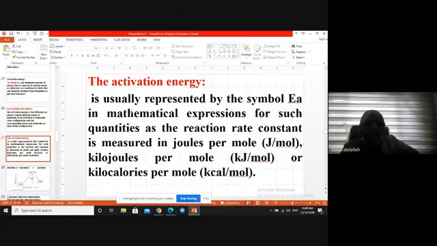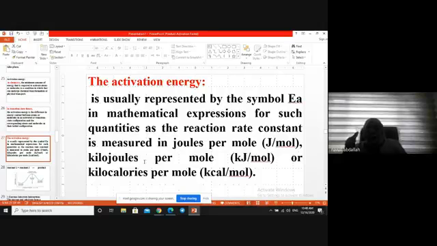When I ask you whether the activation energy has a symbol in mathematical expression, you must answer yes, the activation energy has the symbol capital E, small a, and its unit of determination is joules per mole, kilojoules per mole, or kilocalories per mole.